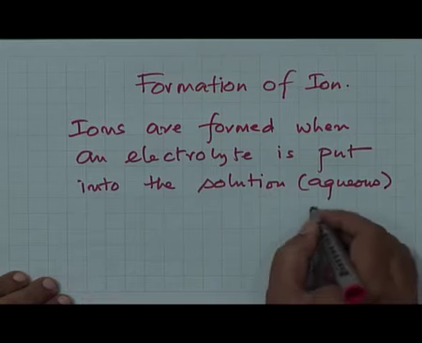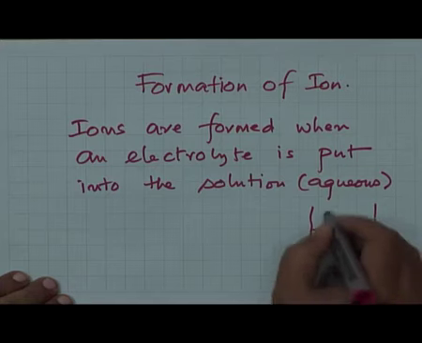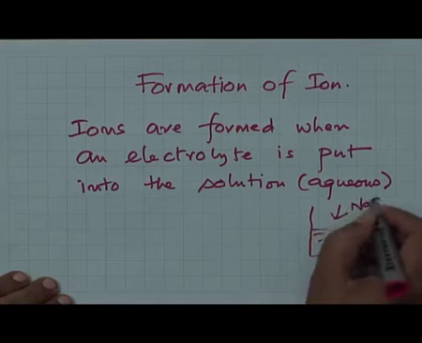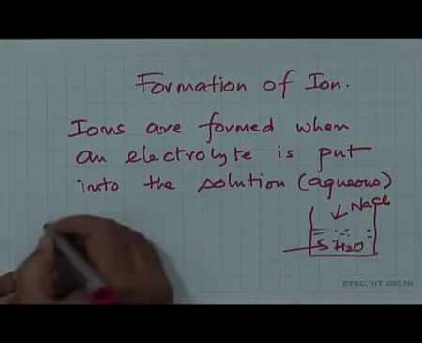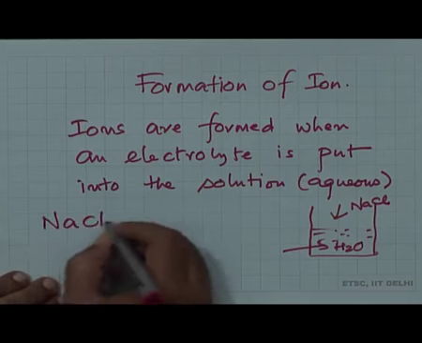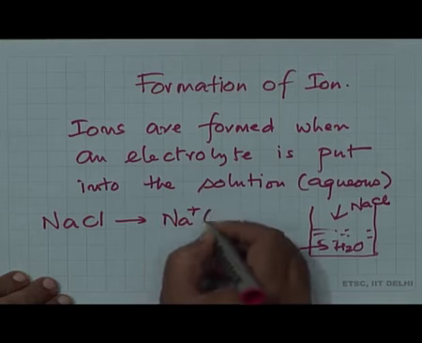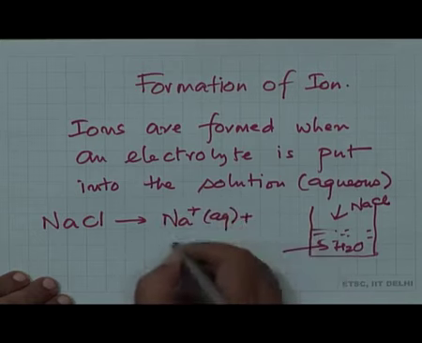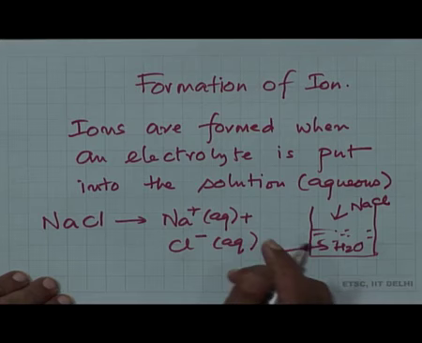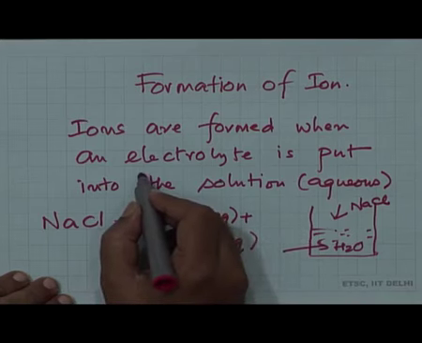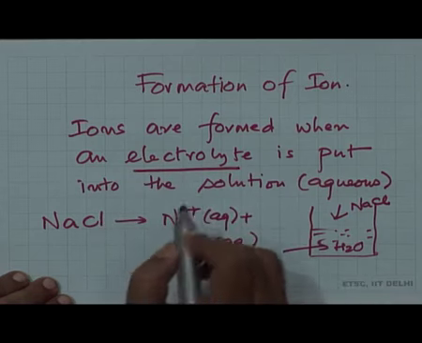For example, if we put NaCl in water, NaCl will break and ions are formed: Na plus aqueous and Cl minus aqueous. So, ions are only formed when an electrolyte is put into the solution.